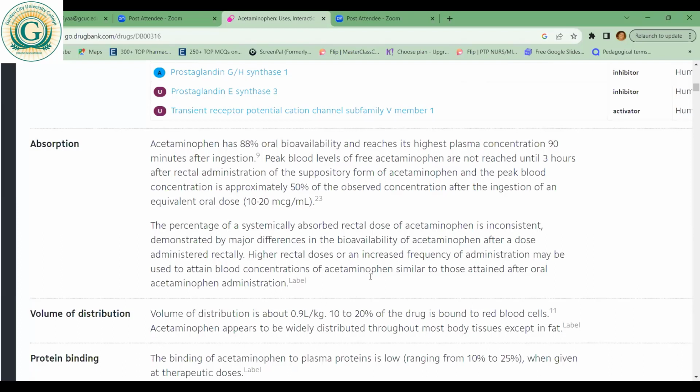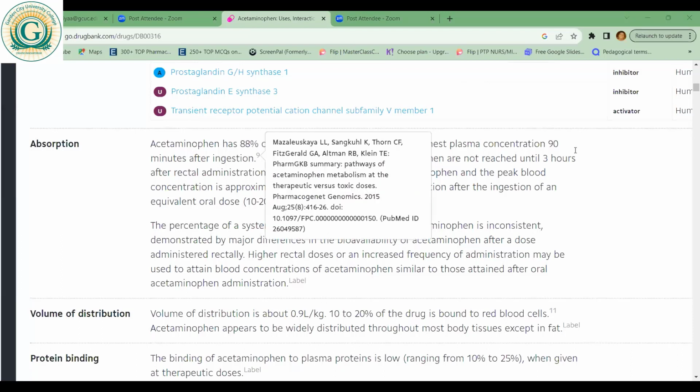We are saying that bioavailability is the fraction of the drug that finally reaches systemic circulation. I'm using paracetamol here as an example, and we know that for paracetamol, the oral bioavailability is 88%.